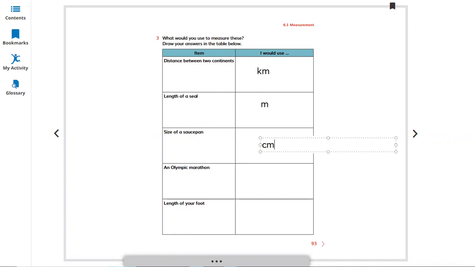And an Olympic marathon, we can use kilometer. And the length of your foot, meter or centimeter, both correct. Centimeter is better.